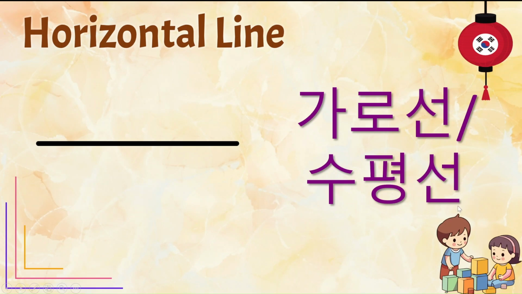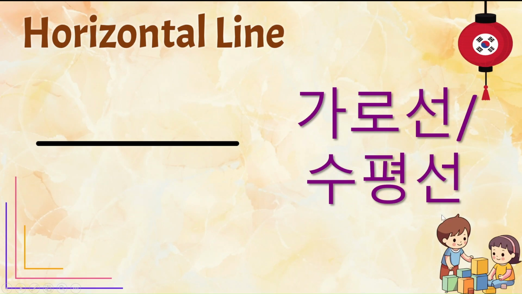Now, most of the times you will notice that horizontal line in Korean is 가로선. But sometimes you can also see 수평선 being referred to as horizontal line in Korean. Although 수평선 means horizon. Okay, so the Korean word for horizon, 수평선.